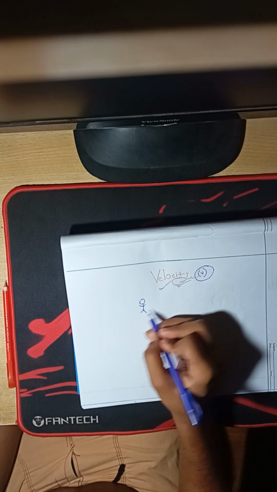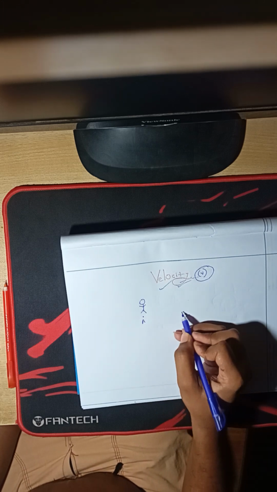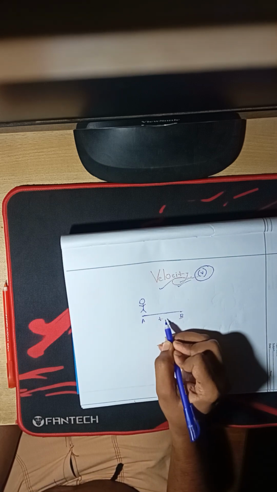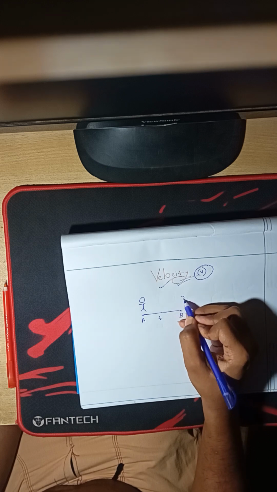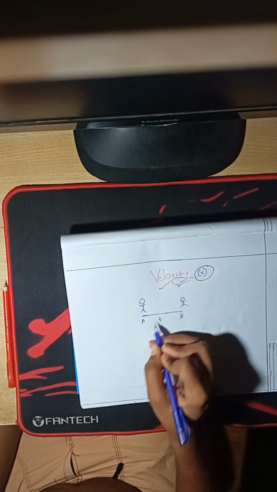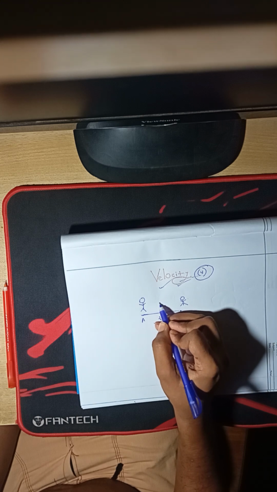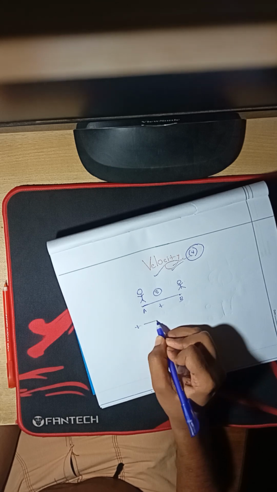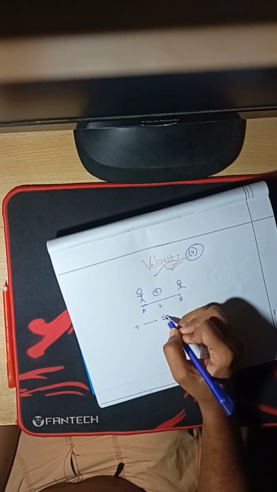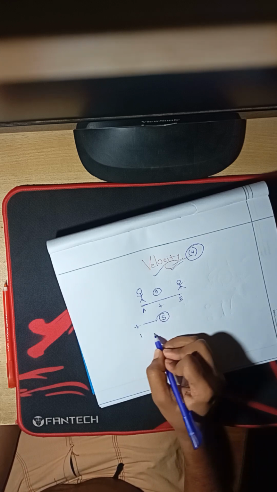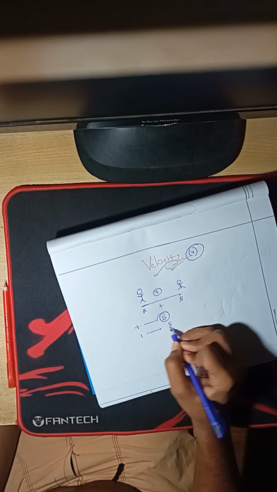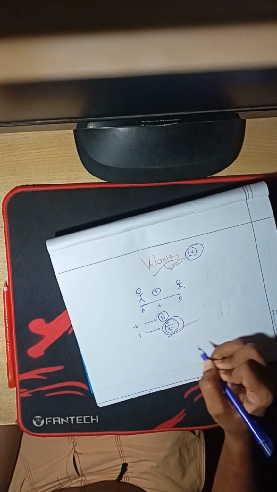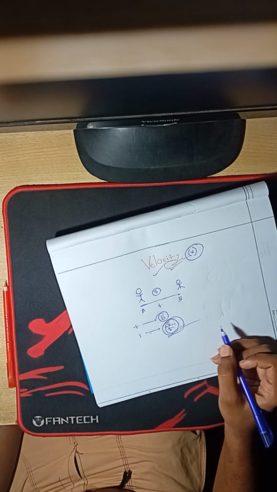You are standing here at a position A. Suppose after a few moments, any time, let the time be t, your position is at B. The distance you crossed between A and B is, suppose, S. Within a gap of t time you crossed a distance of S. So in 1 second, you will cross a distance of S by t, and this is your velocity. This is how we describe the velocity term.